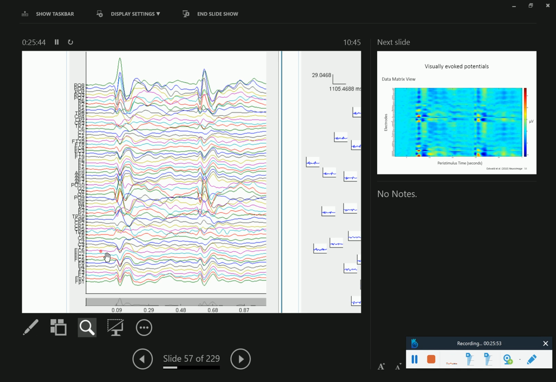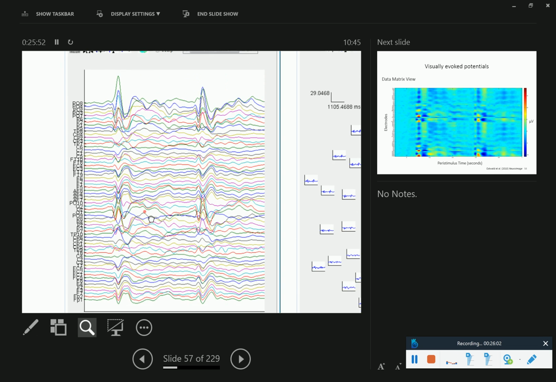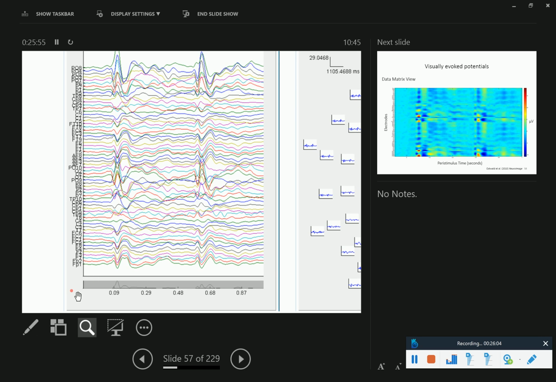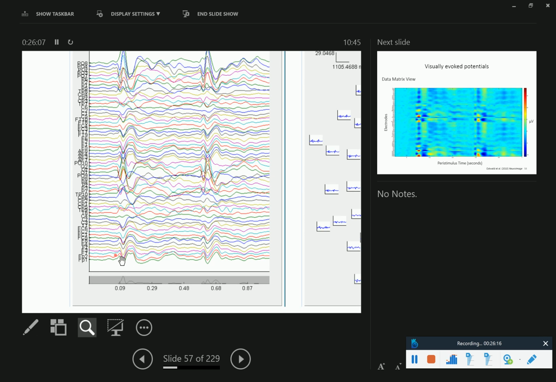So this shows all the electrodes for an entire post-stimulus time window. Here time point 0 happened, and then here we are at 100 milliseconds, and you can see that in these dorsal electrodes you see the positive response that we just saw, but there are other electrodes, more frontal, where you get the negative part of the dipole, if you want.